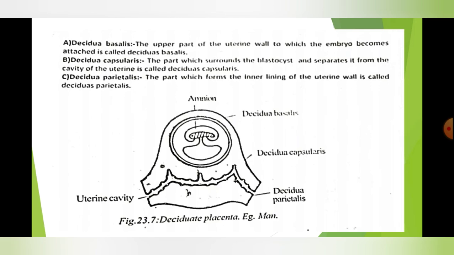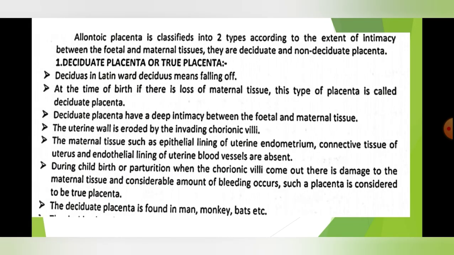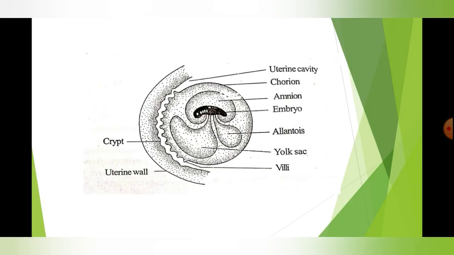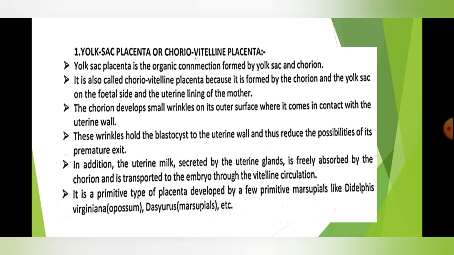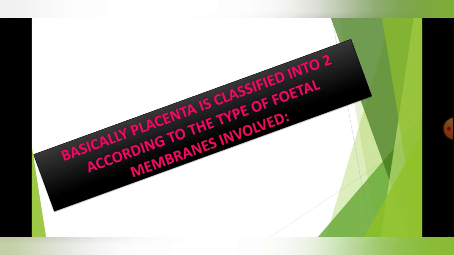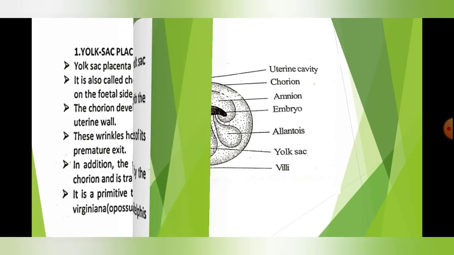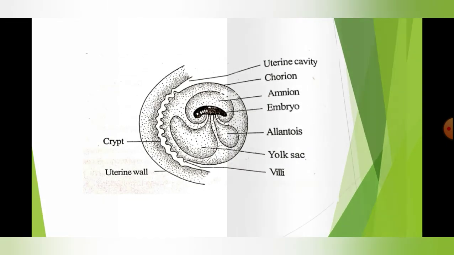So we have started with the type of the placenta based on the type of fetal membranes involved. In that you have yolk sac placenta or choriovitelline placenta. Here yolk sac and chorion, 2 fetal membranes are involved from the embryo side, and this is the structure.